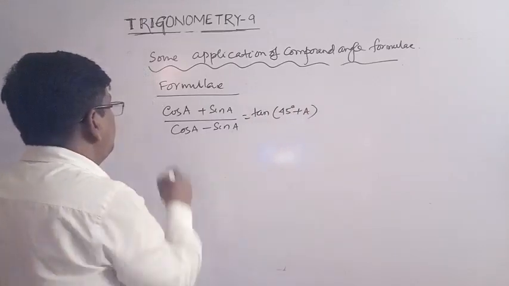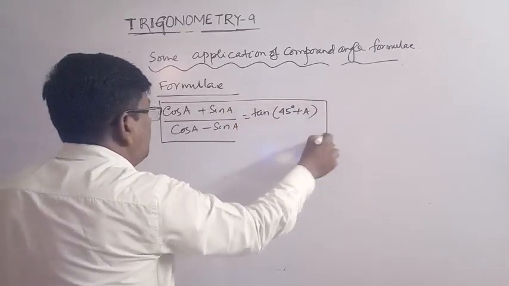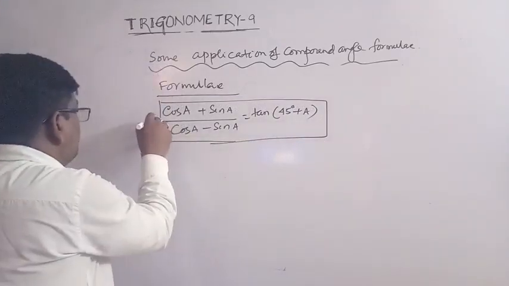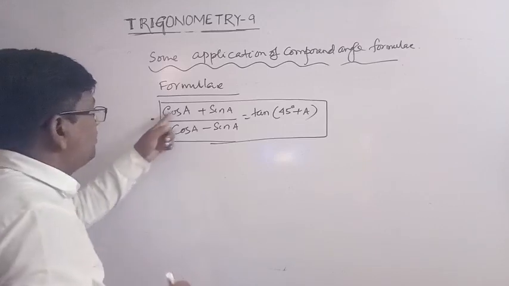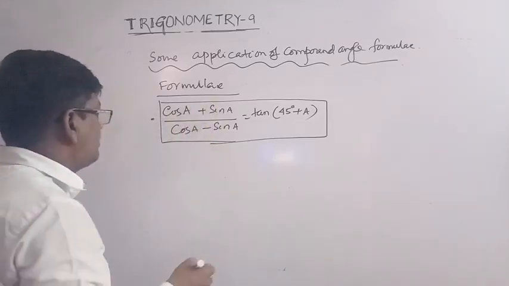This is one formula, for example cos 15 plus sin 15 divided by cos 15 minus sin 15, etc.